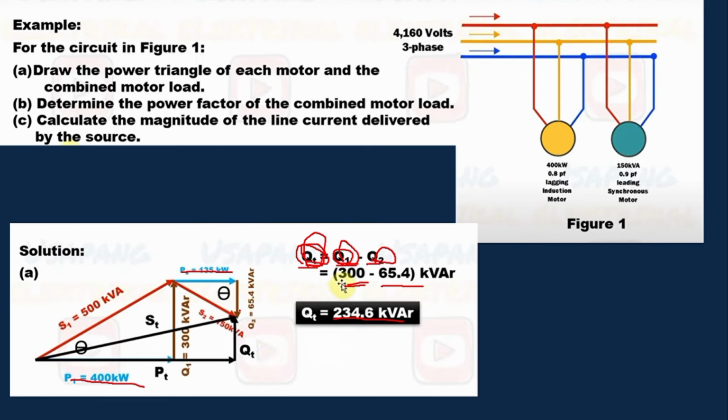This is our Q1, and this is Q2. So Q1 is 300 minus 65.4 kilovolt-ampere reactive. So the total Q is 234.6 kilovolt-ampere reactive.